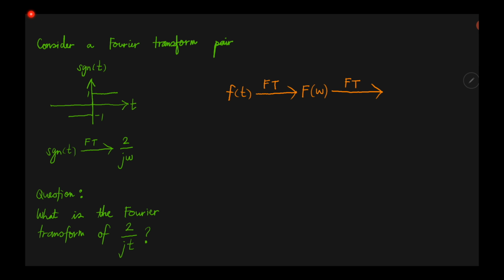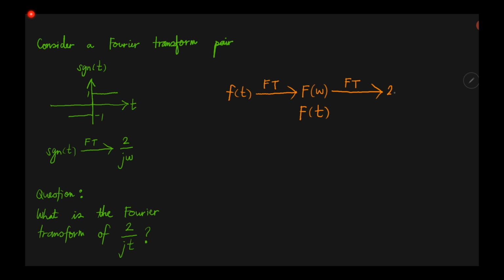So the output of the first Fourier transform is now the input to the second Fourier transform. However, since the Fourier transform is a transformation from time domain to frequency domain, we have to change the notation of F(omega) to f(t) for the second Fourier transform.